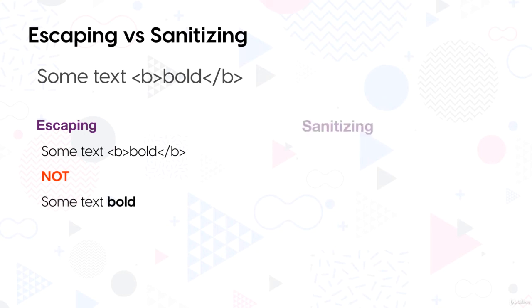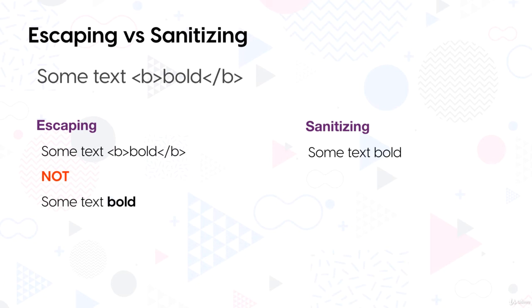Sanitization, however, will not render the HTML tags at all. So depending on your situation, you can either use escaping or sanitization functions when you render something in your theme. I hope this is clear, and if not, don't worry, we will use these functions a lot throughout this course, and I think by then things will become more clear.